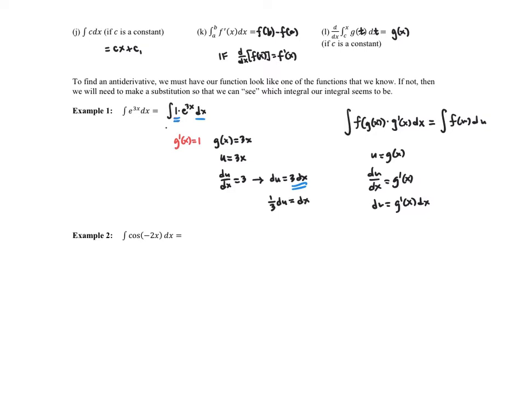I'm going to rid myself of the 1, and rewrite this integral as e to the power of u, because u will substitute in for 3x, times dx. dx is now 1/3 du. So I'm going to bring the 1/3 out in front and leave the du on the inside.